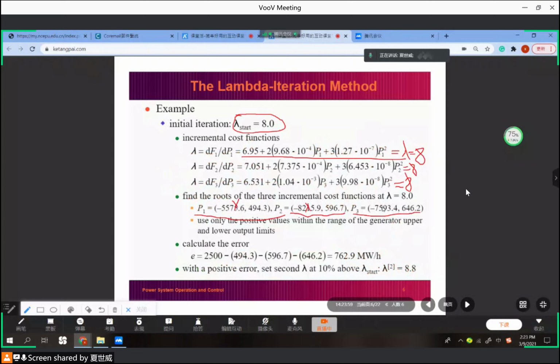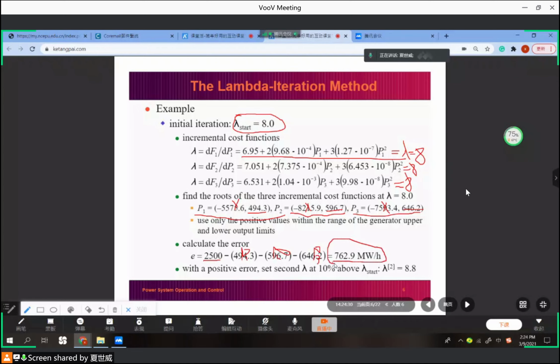So for P1, we keep this value, P2, and this is for P3. So we can calculate the total generation and compare it with the total load: 2000, 1500, and 500. So 2500 minus P1 minus P2 minus P3.